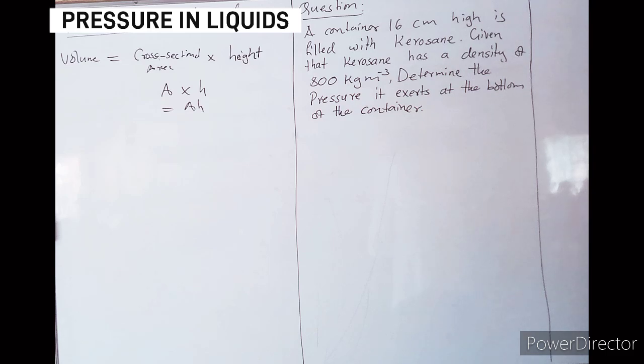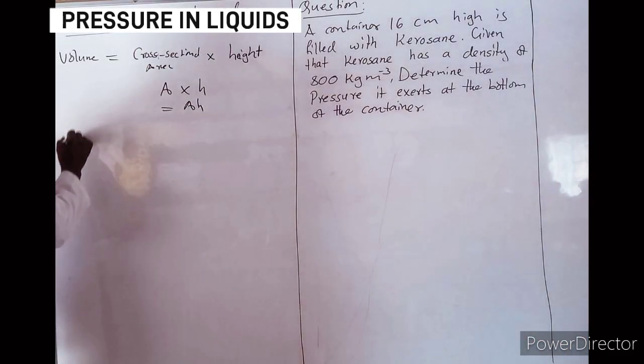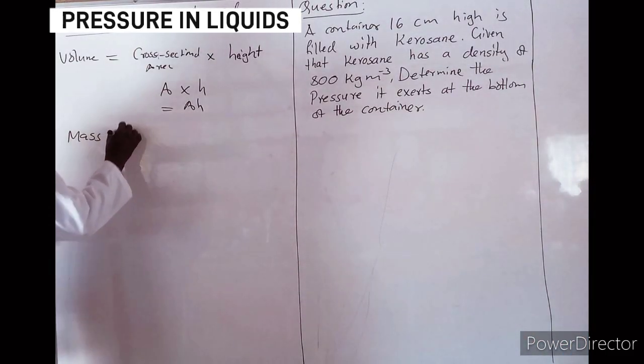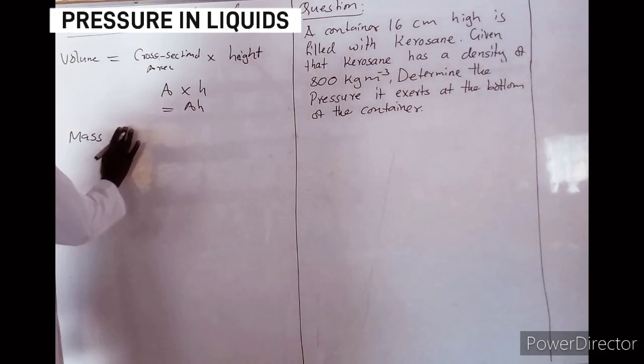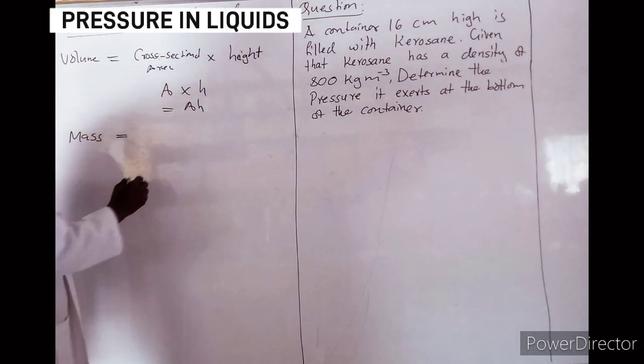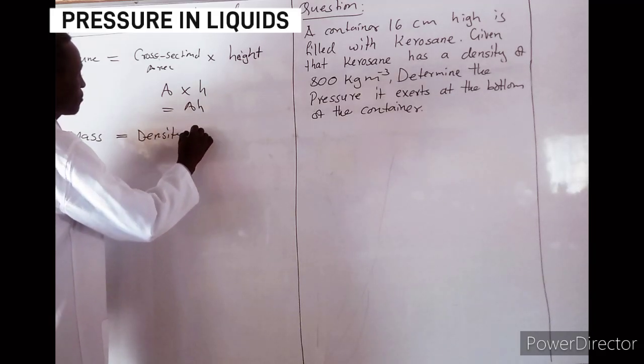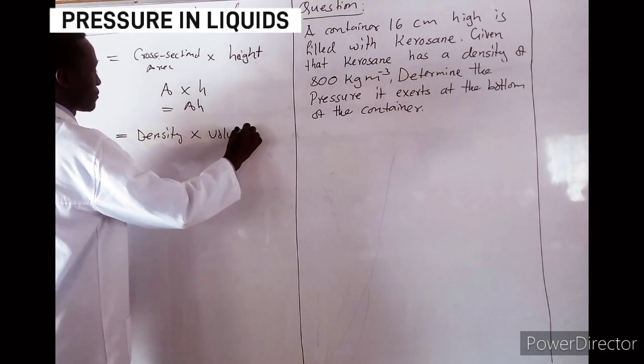But if the volume of the liquid is AH, how do we get the mass of a liquid? The mass of any liquid is given by density times volume.